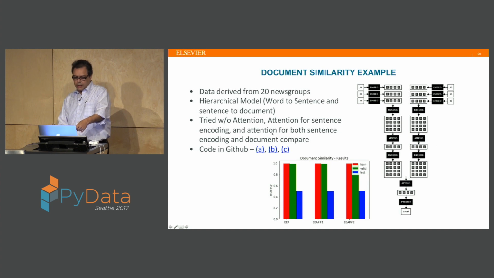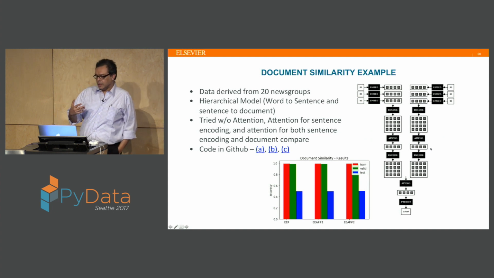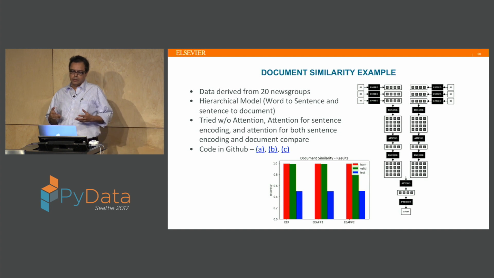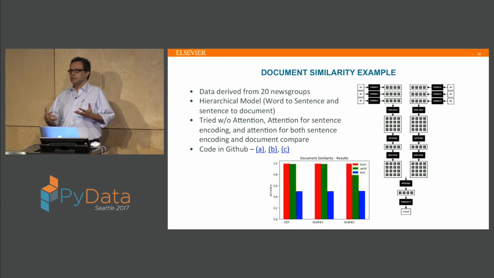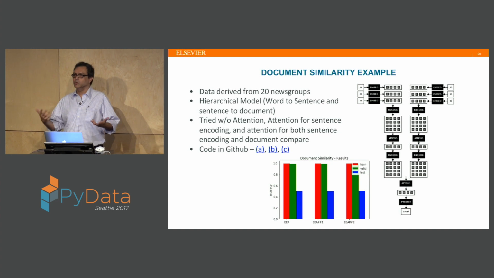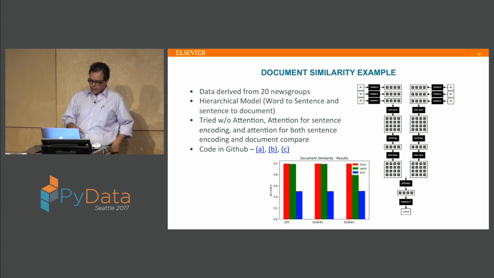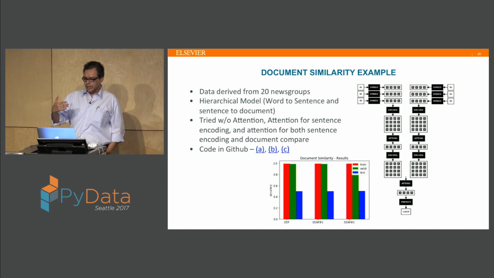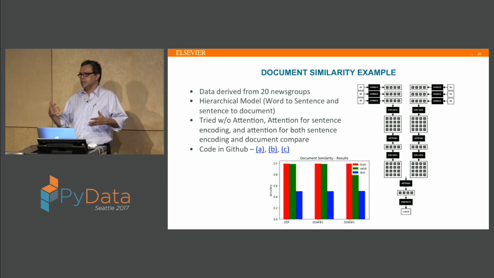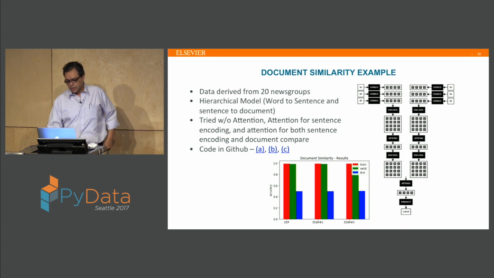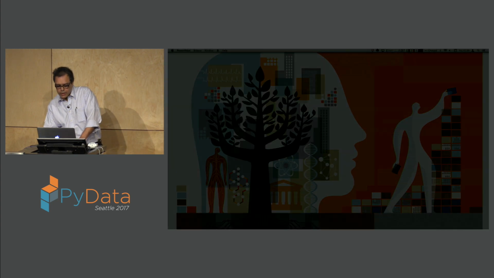This attention is always there in both cases, and this is the one that I did with and without. My theory is that the data itself is so noisy that when I added attention, it made it worse. I still have to look at it, but I really wanted to show you how it works rather than focusing on the results, which is why it's there. It's to look at the code.